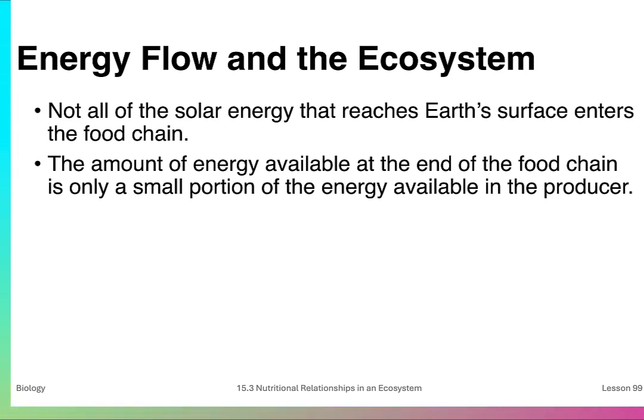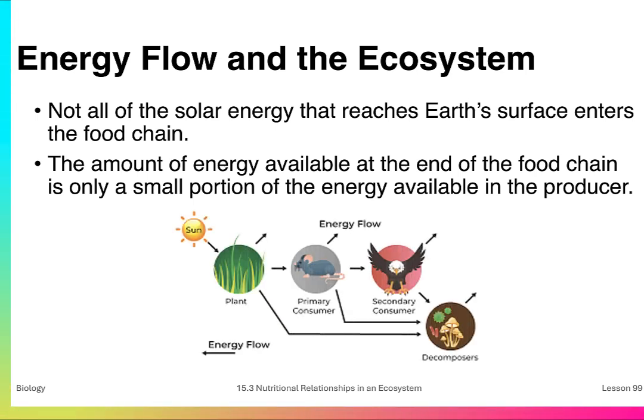And then as you move up the trophic levels, more and more energy is lost. So for example, you start with the sun, you end up with plants. The plants lose some of the energy, but some of it is then consumed by the primary consumer. There's more energy loss when the primary consumer is eaten by the secondary consumer, and then more energy is lost when the decomposers do their work.